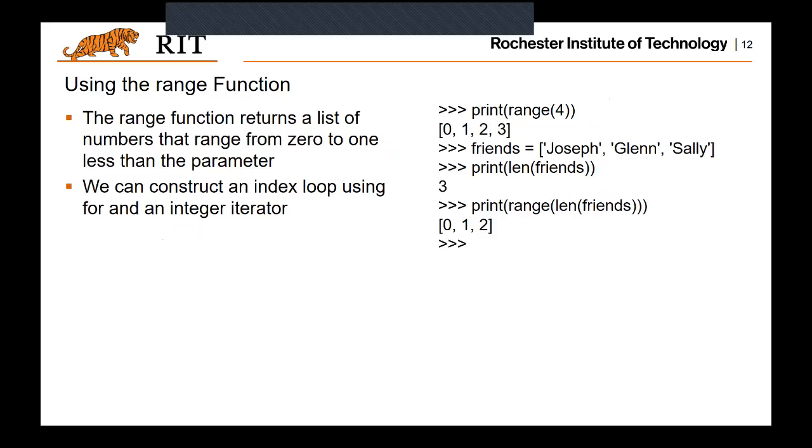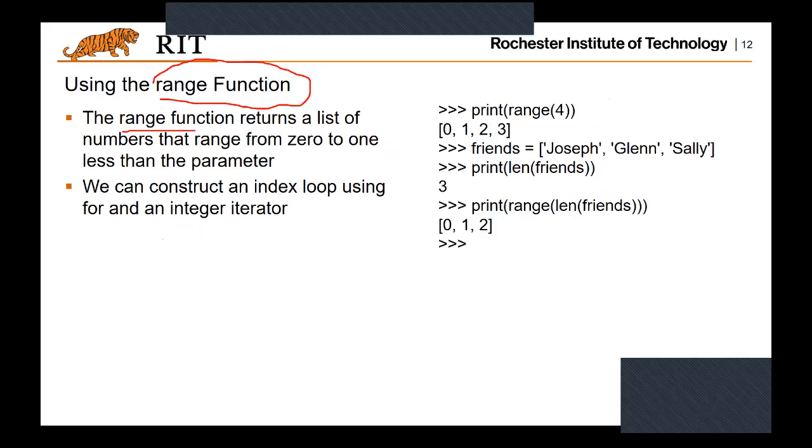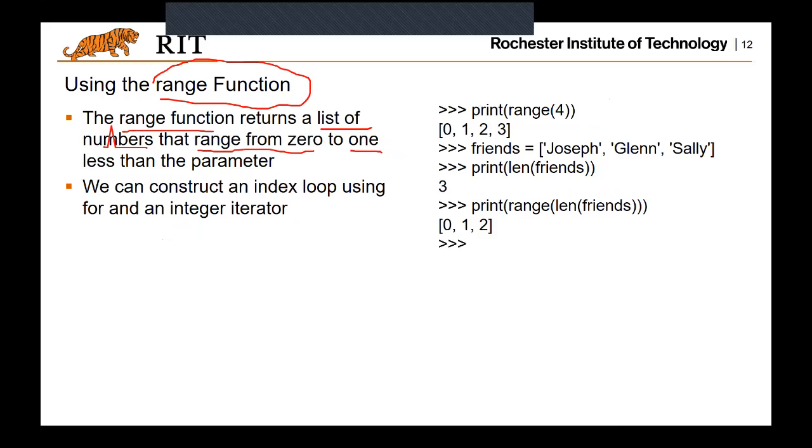So another function is called the range function. Basically, this range function will return a list of numbers that range from 0 to 1 less than the parameter. How to understand it?